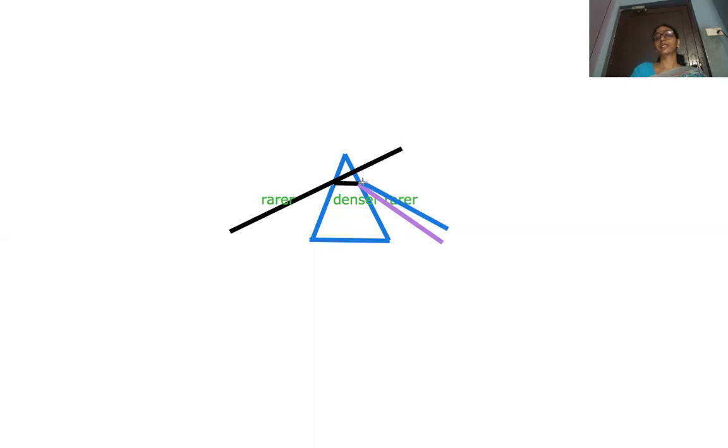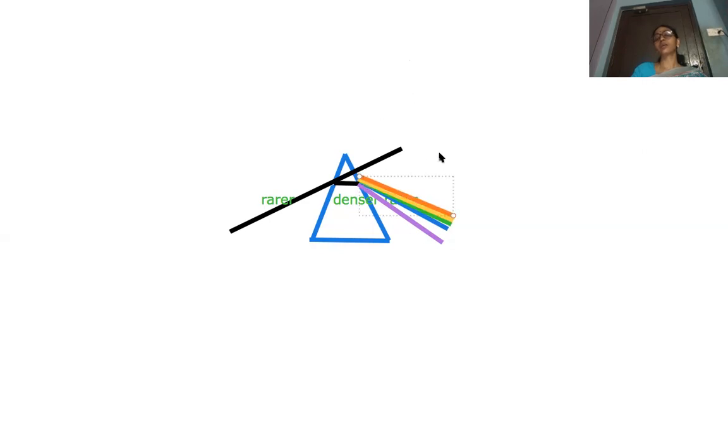Then we get green color, then we get yellow color. These are all overlapping without any gap here. Yellow, we get orange color, then you get the red color.